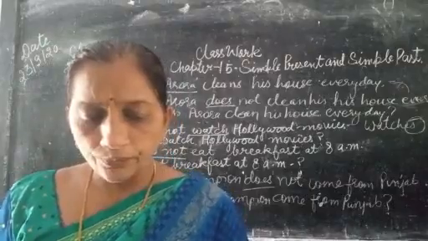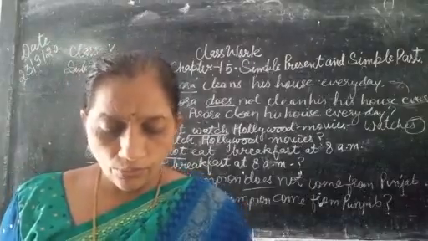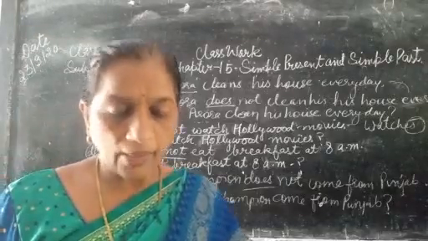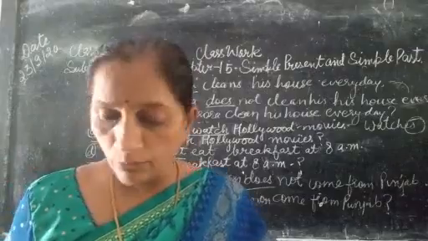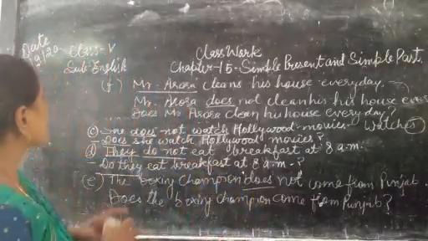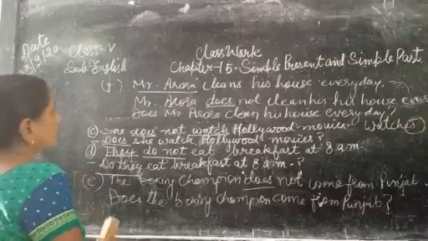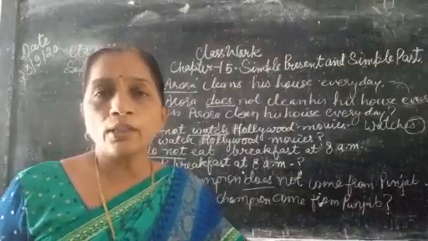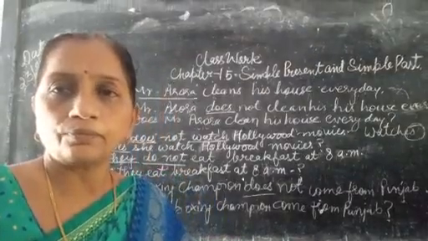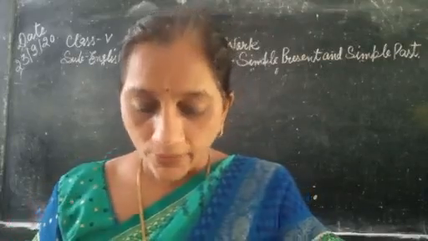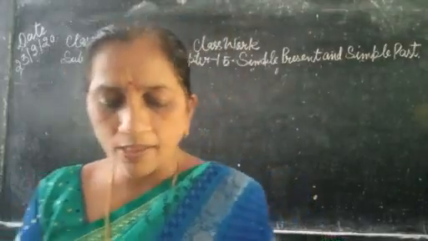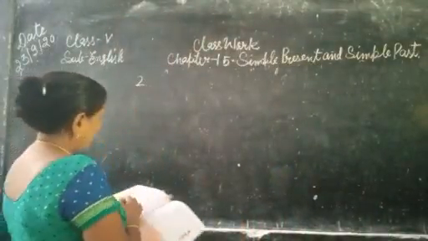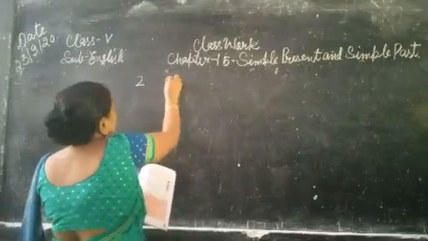Now we have to come to page number 86, that is exercise number 2. This was exercise number 1 and we have to make WH questions for the same. Okay students, in second exercise, A, he sings.